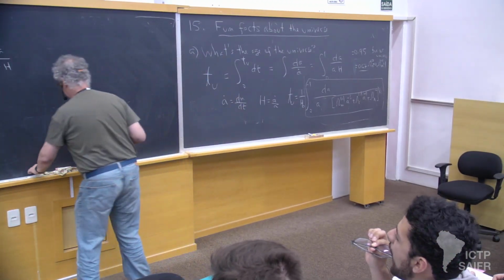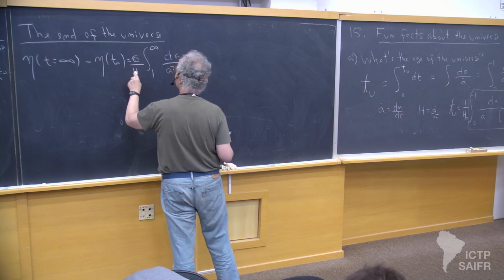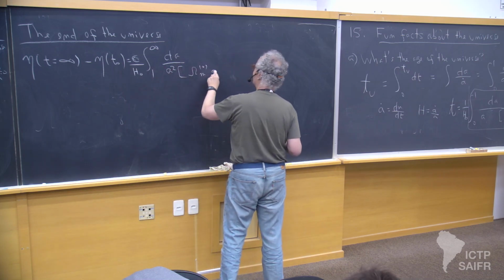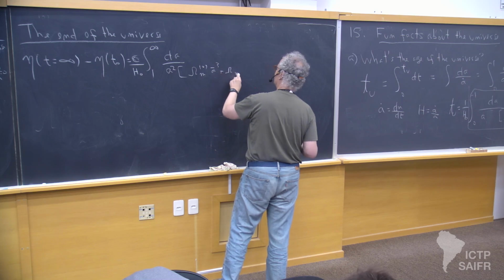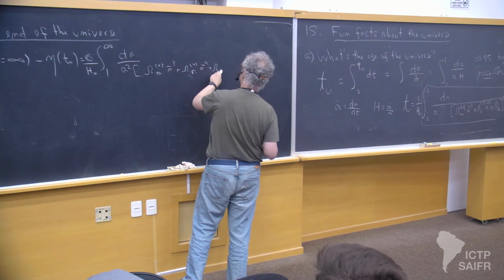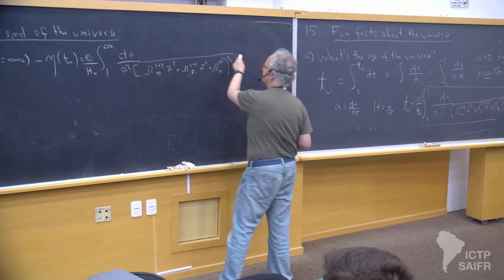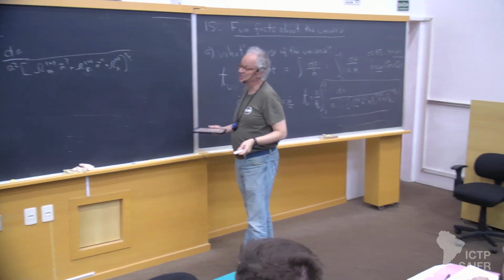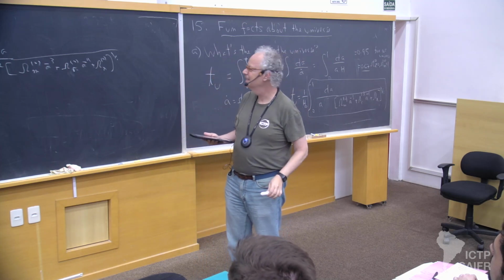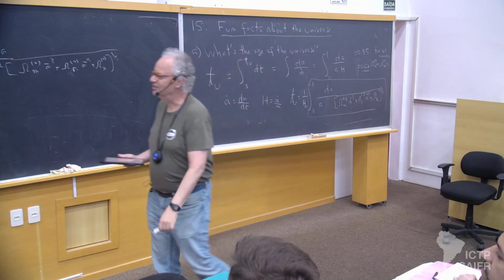And H again, so I can put H here. And this is omega m, a to the minus 3, omega r, a to the minus 4, plus omega lambda, to the half. But for simplicity, today and beyond, what happens to the universe?